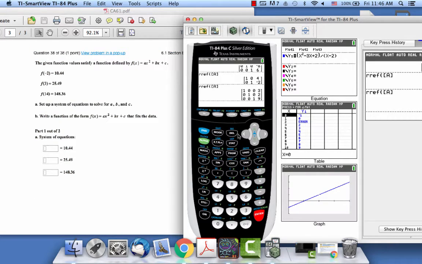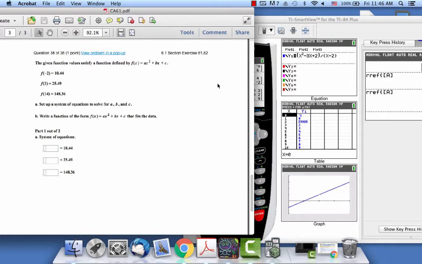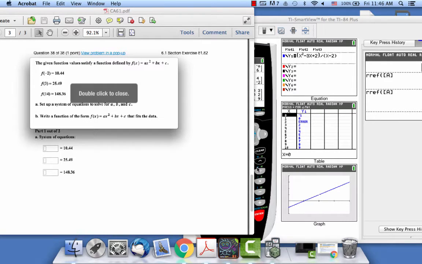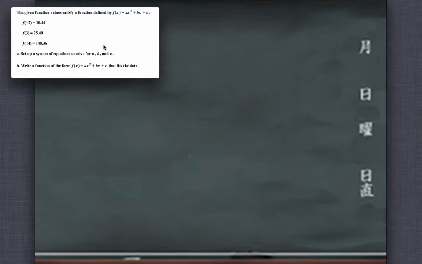All right, last one. This is kind of fun, I think. So the system of equations is: when I plug in -2, then x squared is 4, so 4a, and then plug in -2 for x, so -2b plus c is 10.44.